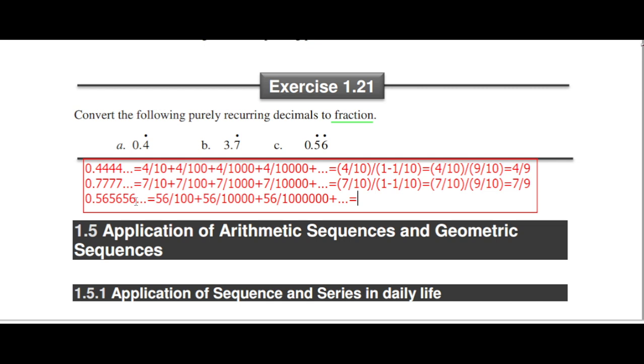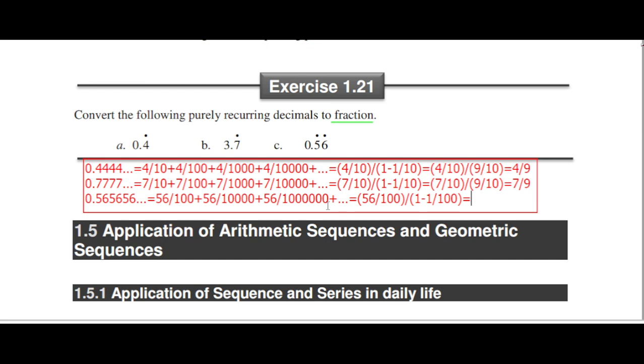The first term here is 56 over 100. The geometric series common ratio: 10,000 divided by 100 gives 1 over 100. The common ratio r is 1 over 100.